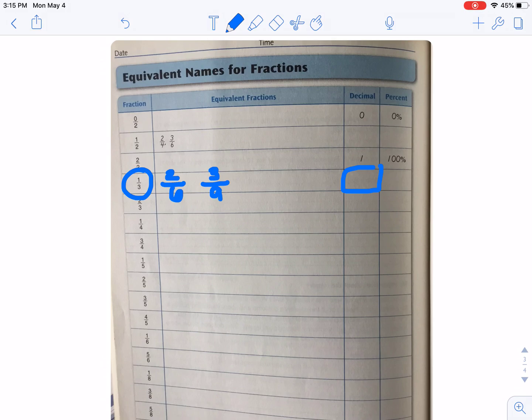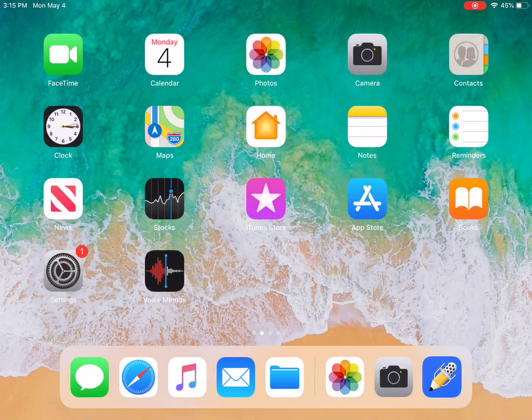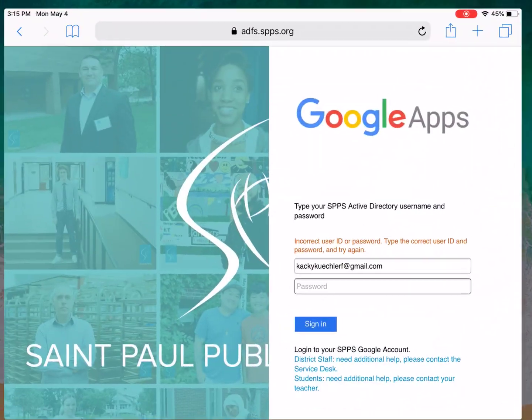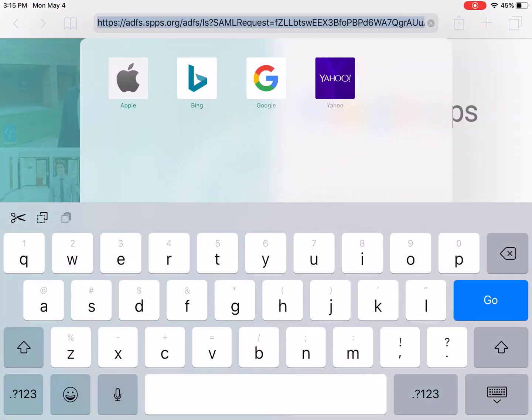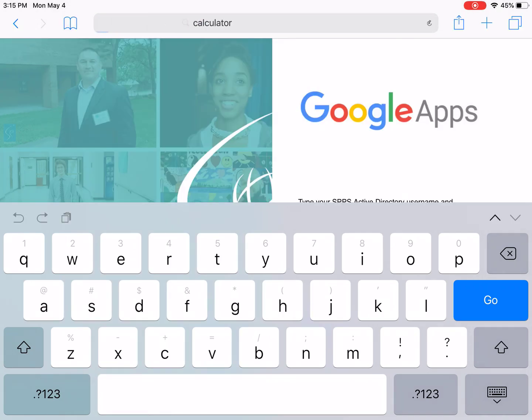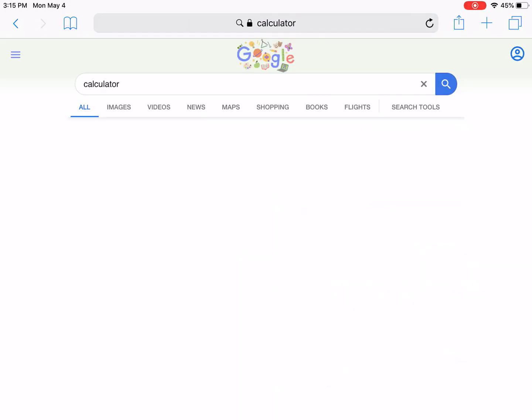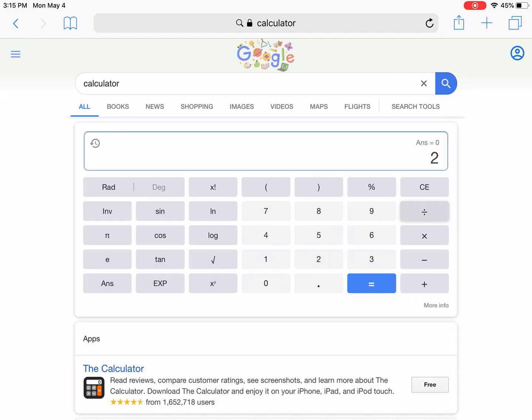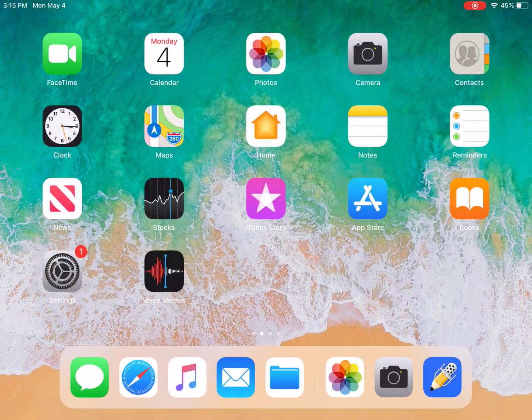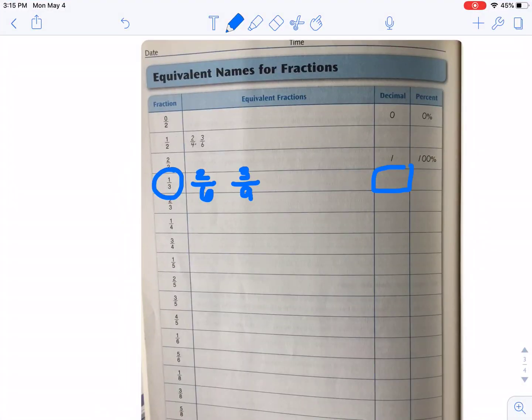So if I were going to go to my calculator, there we go. And 2 divided by 6 equals 0.33333333. I'm going to do 0.33 and then 33%.